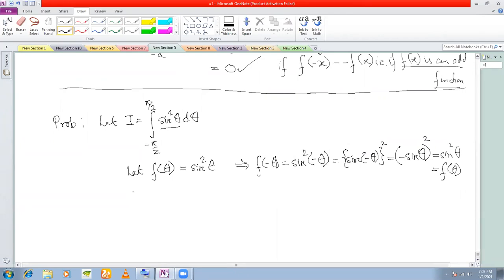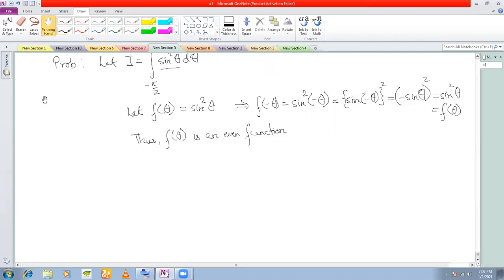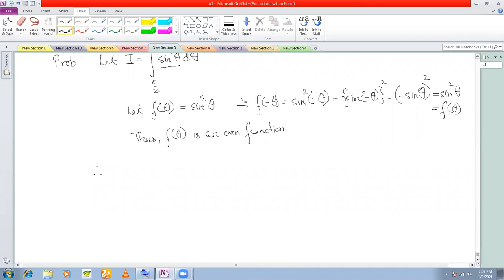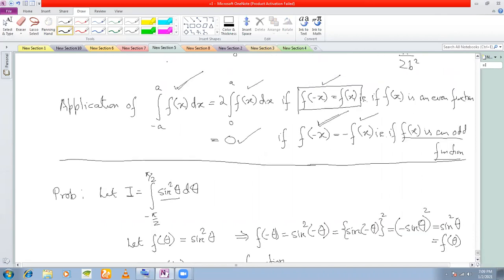So what does this mean? Thus, f(theta) is what, even or odd? It is an even function. Therefore I can write I from this property: if f(x) is an even function, then the integral from minus a to a of f(x) dx becomes twice the integral from 0 to a.